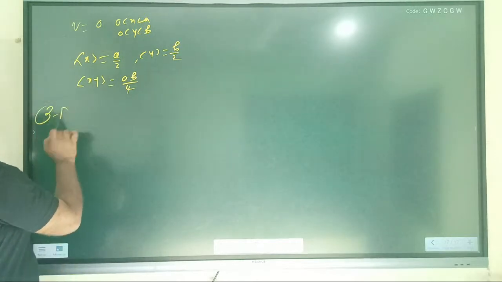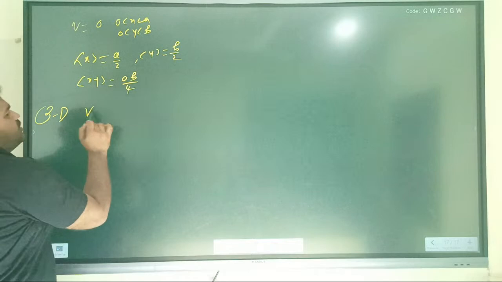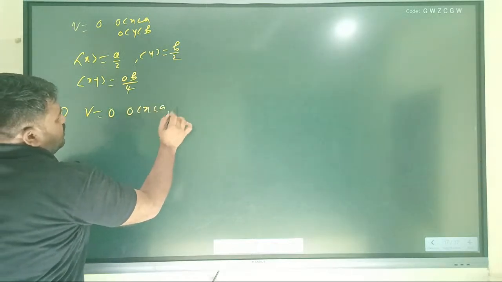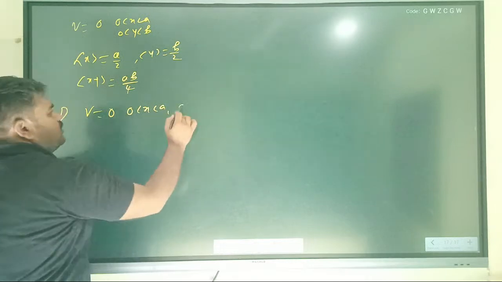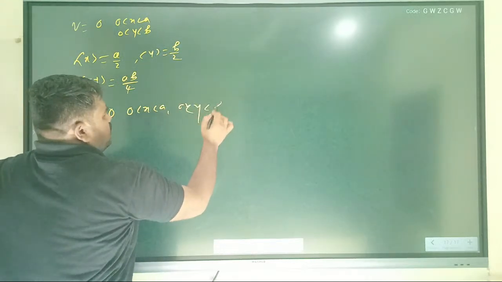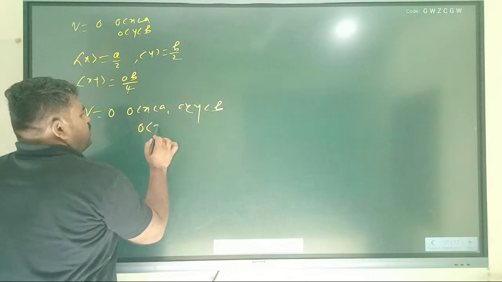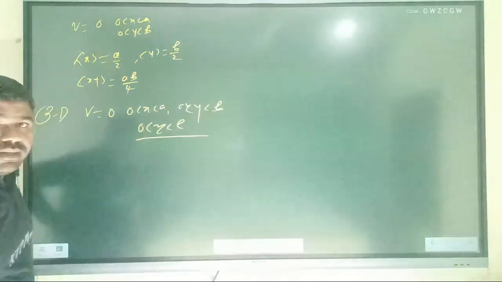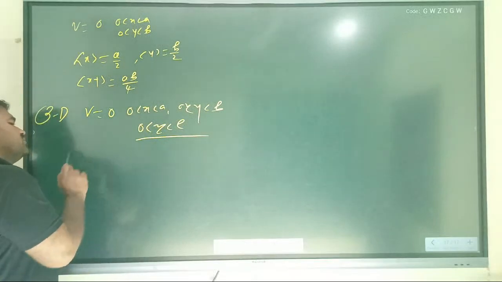Next, the system is 3D. We will take 3D, meaning potential V of x is equal to 0 for 0 < x < a, 0 < y < b, and 0 < z < c. Understood? Here the widths will be different. Then what is the expectation of x?